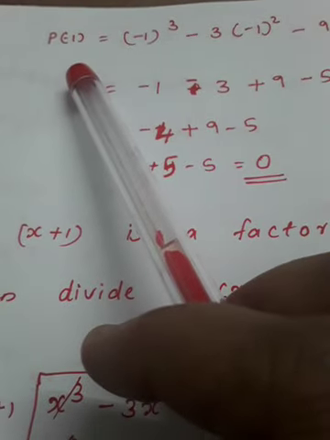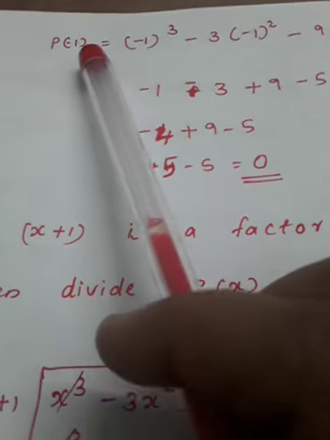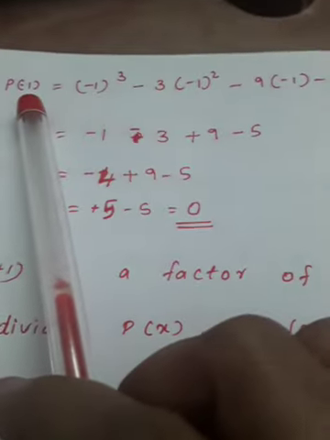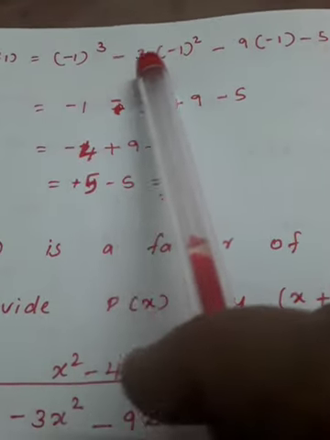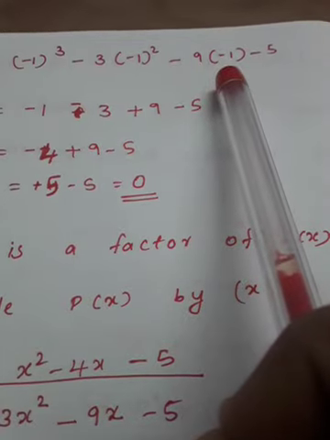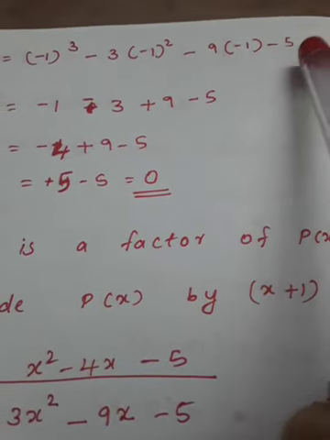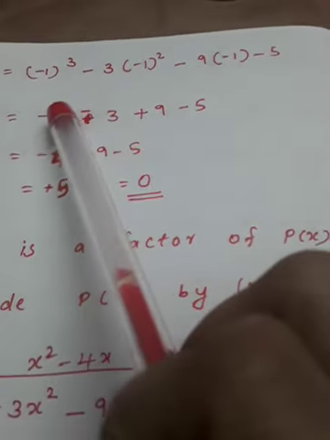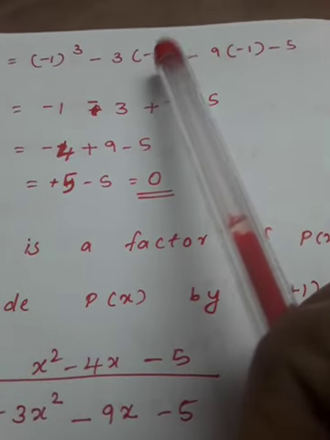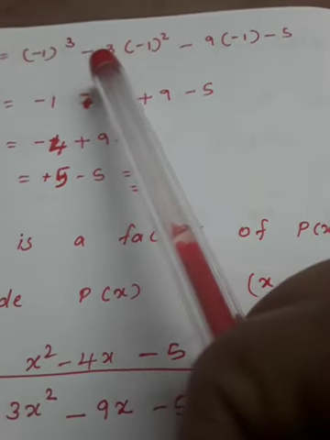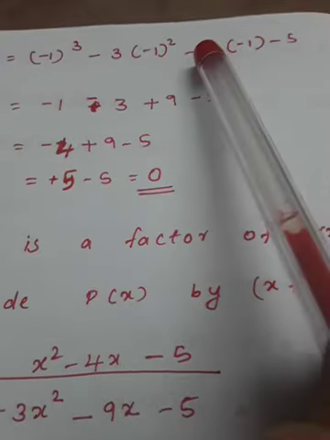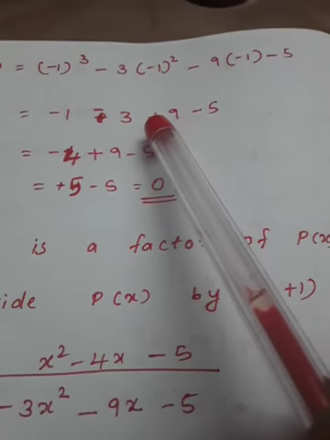So we need to check whether p of negative 1 is 0. So we find p of negative 1. Negative 1 cube minus 3 into negative 1 square minus 9 into negative 1 minus 5. So negative 1 cube is negative 1. Negative 1 square is positive 1. Positive 1 into negative 3, negative 3. Then negative 9 into negative 1, positive 9.